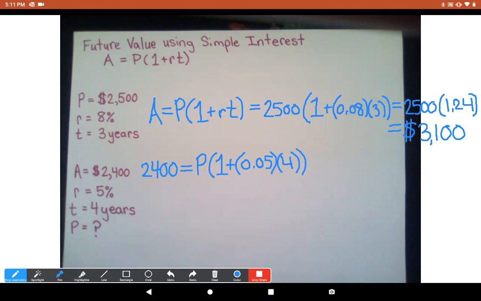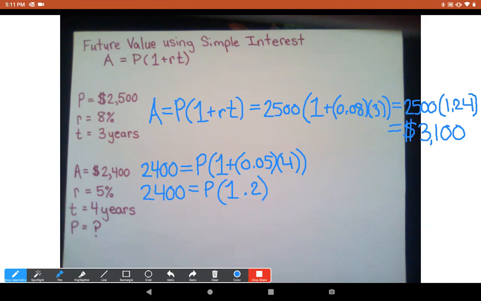And now, just like the first problem, we'll clean up the quantity 1 plus 0.05 times 4. 0.05 times 4 is 0.20. So this is 1.2. We don't need the 0.